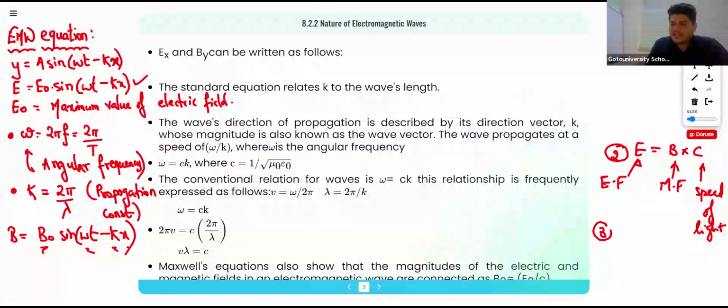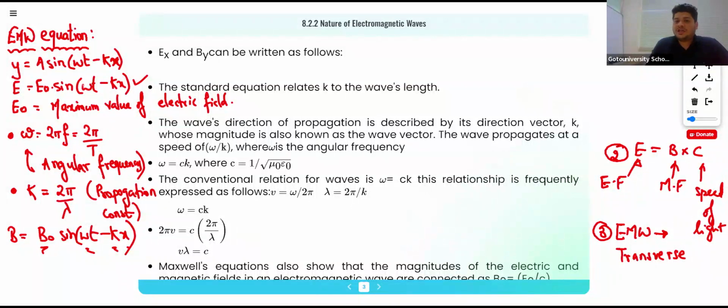Third point, that electromagnetic waves are of transverse type. I hope you know that there are two types of waves, transverse wave and longitudinal wave.